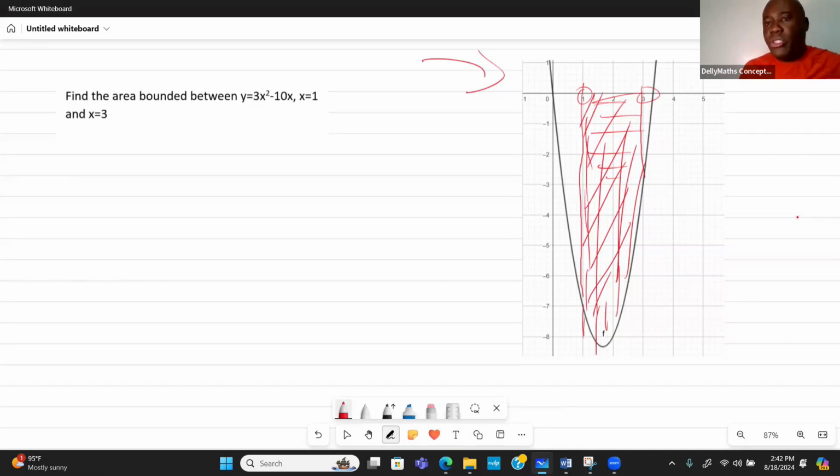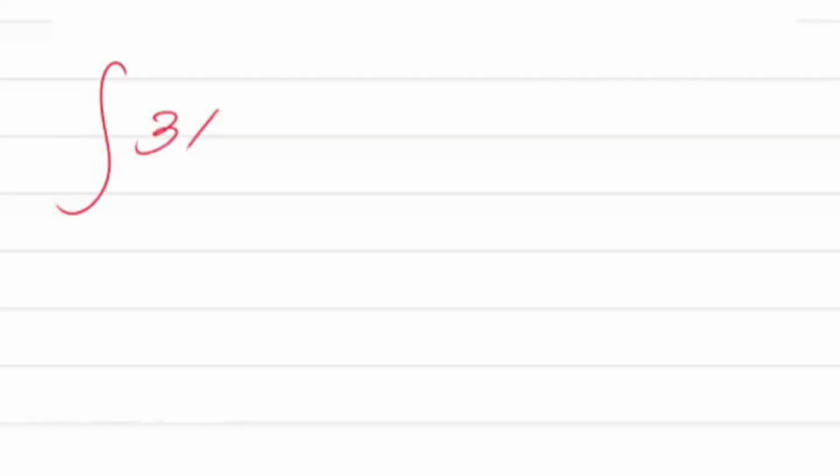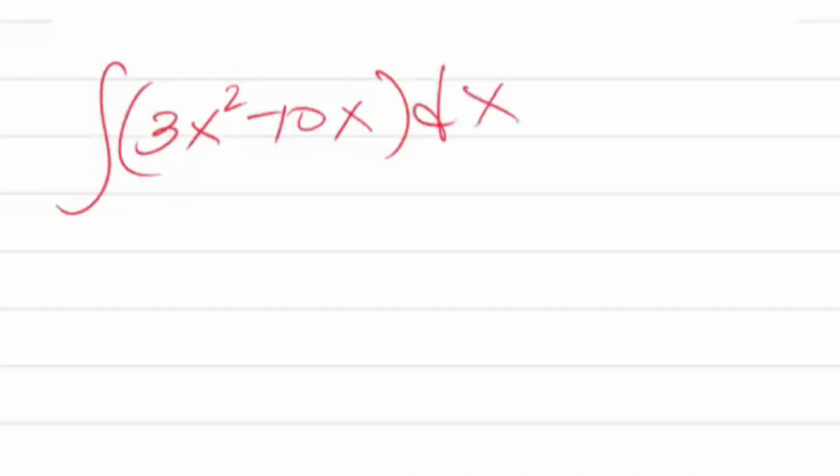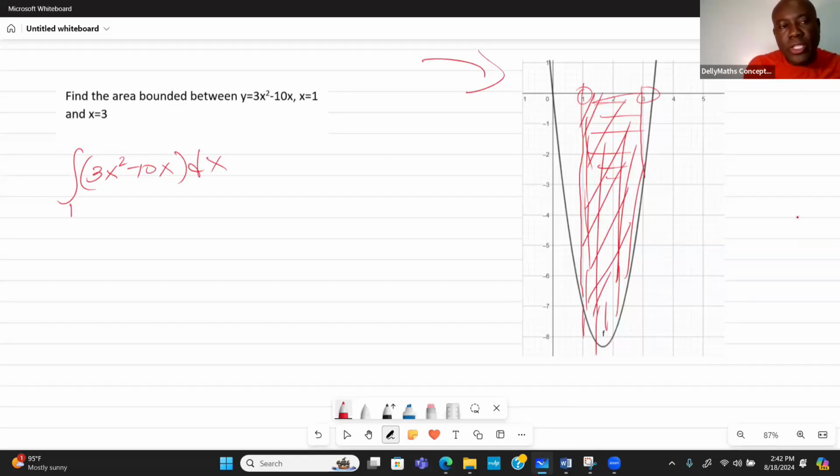So in order to do this, we're going to take the definite integral of 3x squared minus 10x, from 1 to 3. So our lower limit is 1, our upper limit is 3.